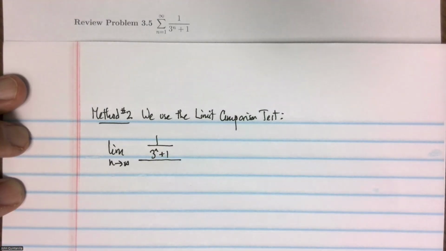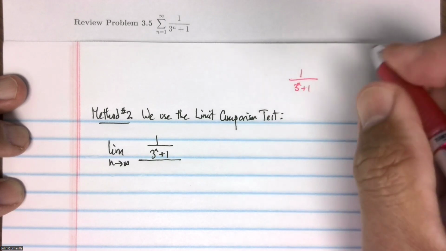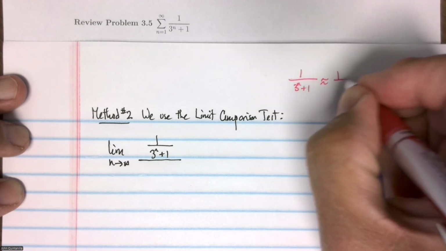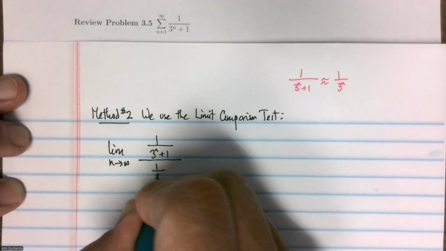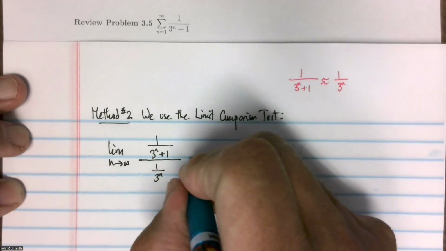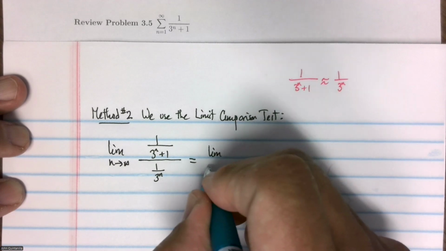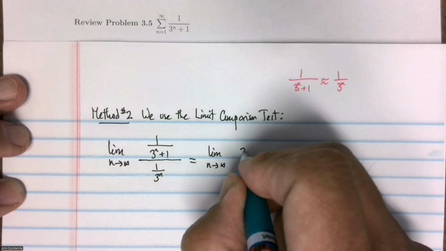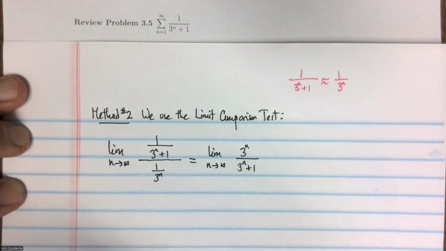Well, let's do some scratch work up here on the side, 3 to the n plus 1. As n gets large, that's going to be something like 3 to the n. And so we'll compare this to 1 over 3 to the n, which is equal to the limit as n goes to infinity of 3 to the n over 3 to the n plus 1, just rearranging the fractions.